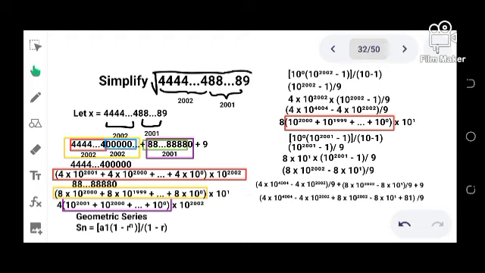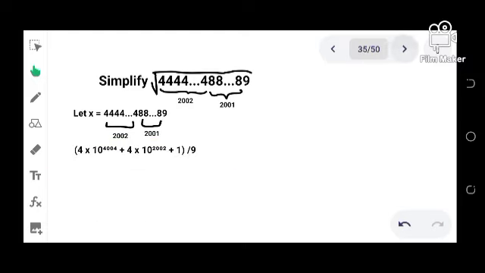And combining like terms, we now get this. And simplifying further, we finally get 4 times 10 raised to the power of 4004 plus 4 times 10 raised to the power of 2002 plus 1 all over 9. So that means now that the number is transformed to this one here.